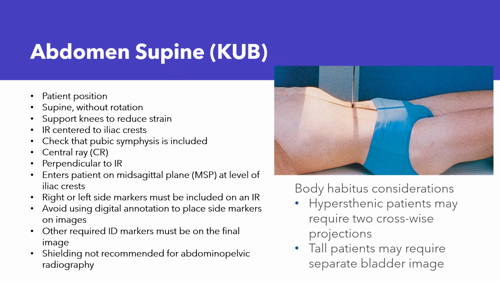The image receptor is going to be aligned to the level of the iliac crest, and then the central ray intersects the level of the iliac crest at the mid-sagittal plane. Okay? The central ray is directed straight down toward the floor.